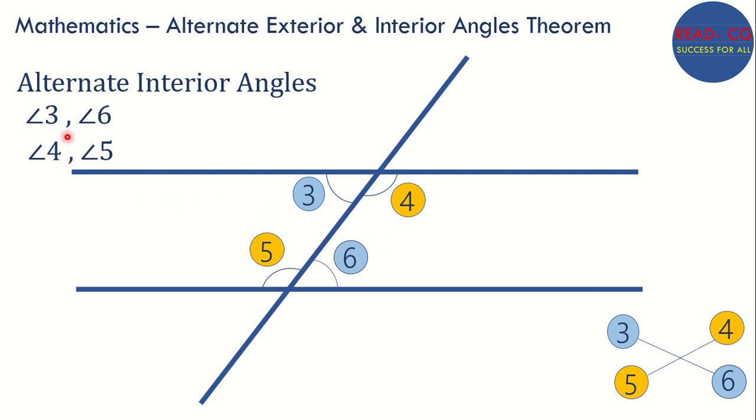Now here angle 3 and angle 6, these two angles are known as alternate interior angles. Similarly, angle 4 and angle 5, these angles known as alternate interior angles.